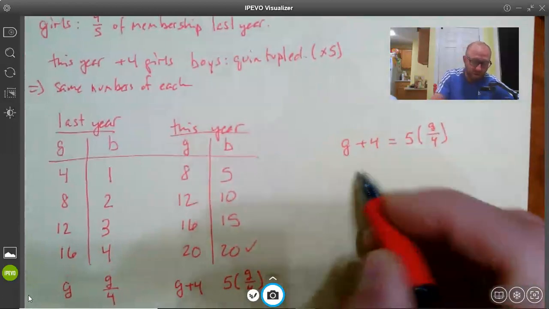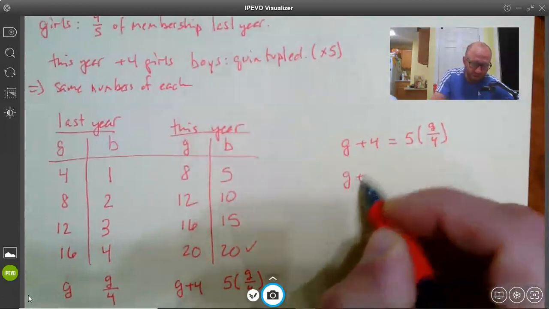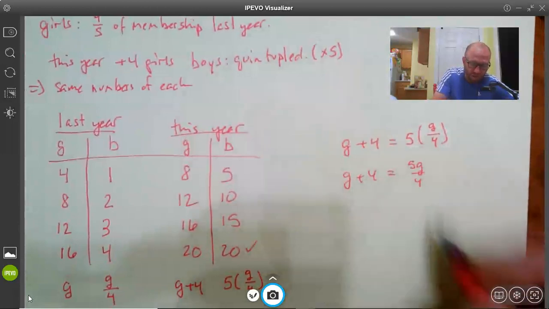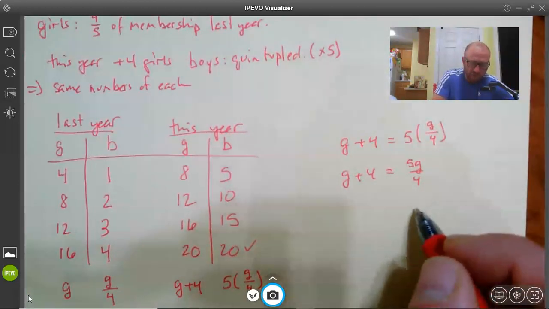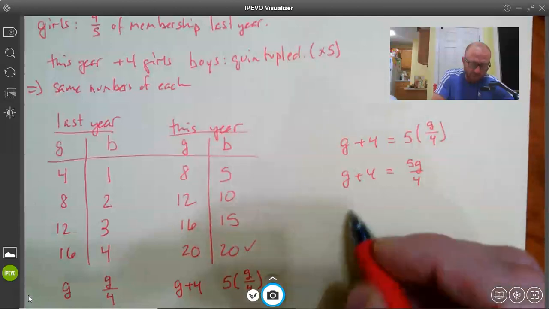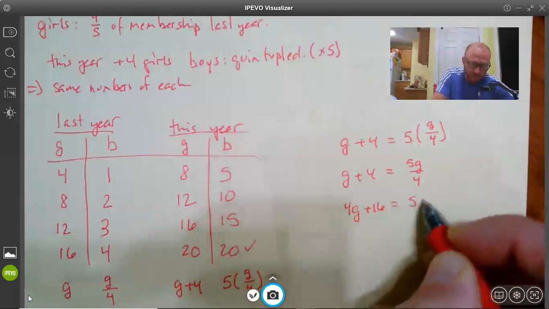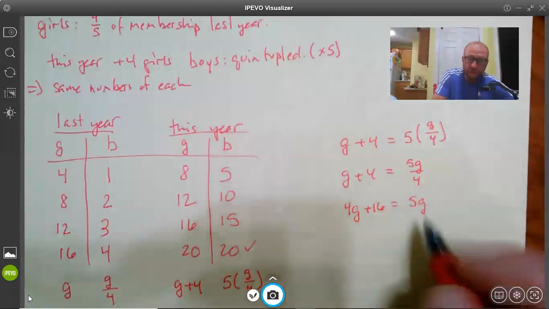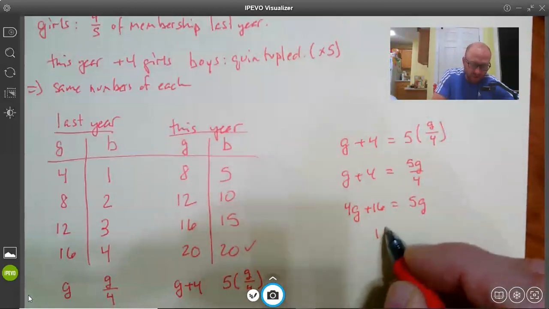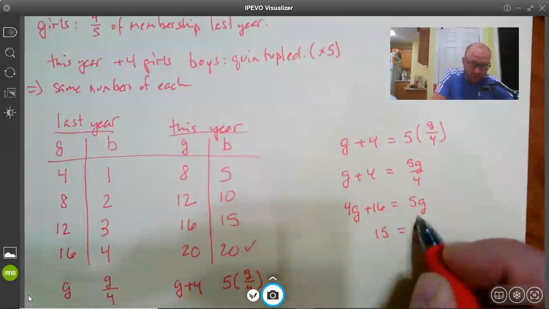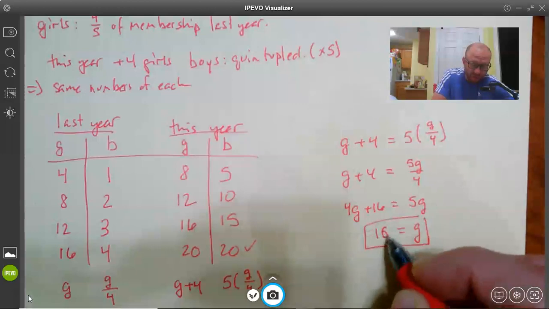So let's see, that's girls plus 4 equals, this would really be 5G over 4. Let's multiply both sides by 4. So that would give us 4G plus 16 equals 5G. Now I'll subtract 4G from each side, and we get 16 equals 5G minus 4G, which is 1G, or just G. That should be a 16, not a 15.